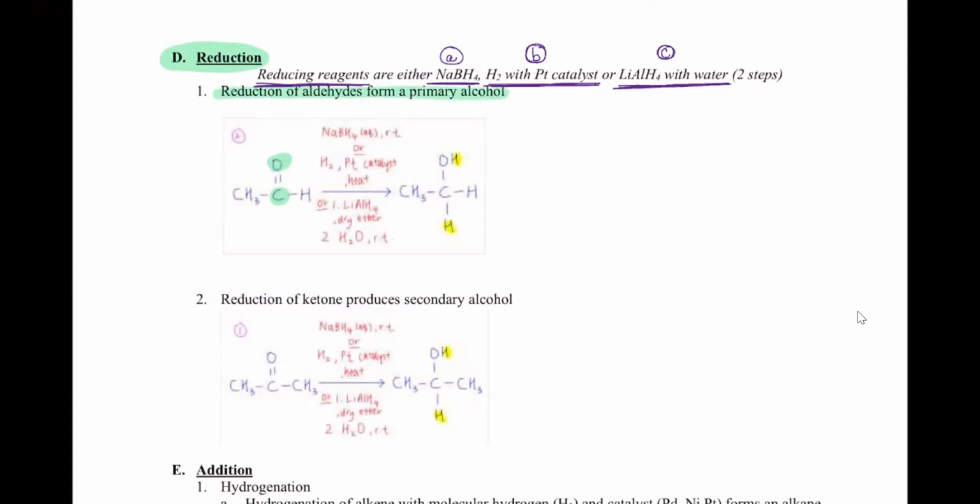So we start with an aldehyde. And once the oxygen in the aldehyde gets a hydrogen and the carbon in the aldehyde, specifically in the carbonyl, gets a hydrogen, what I form is a primary alcohol.